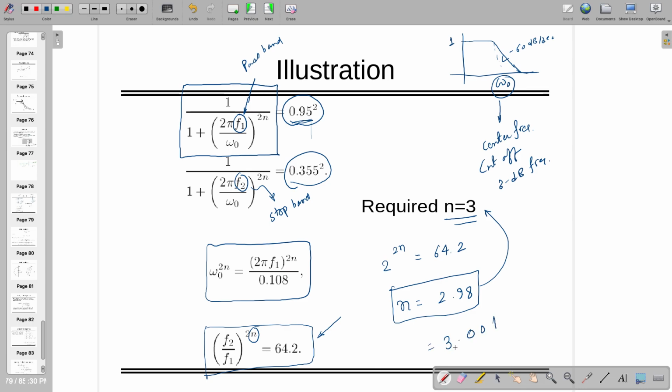3.0001. Okay. So then you can make it n equal to 3, or you can make it n equal to 4, right? Depending on what you want to design, for a tight specification you can go with 3, or if you want to make it over design, you can go for 4. But increasing order, you need almost one extra stage, which will have a capacitor or inductor or something.